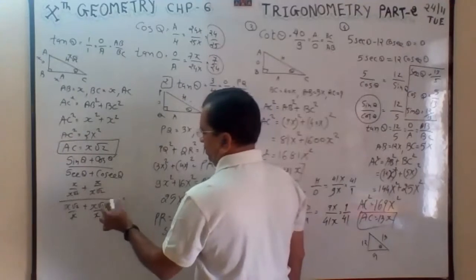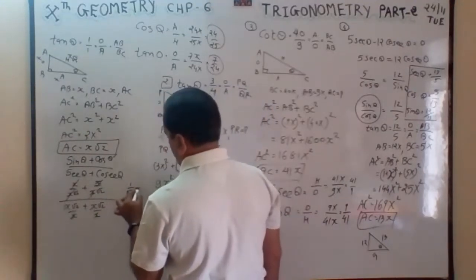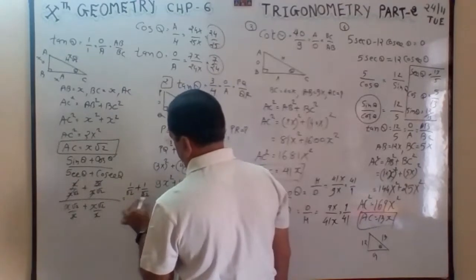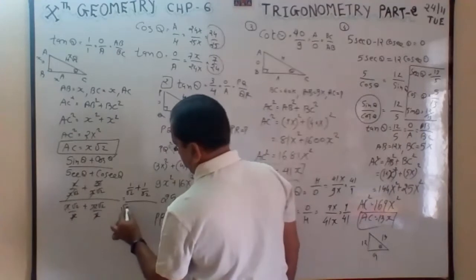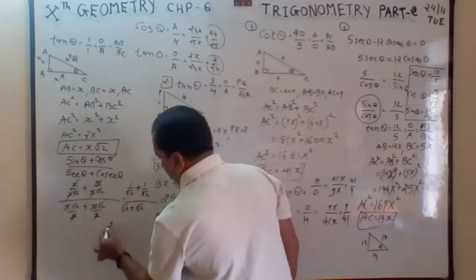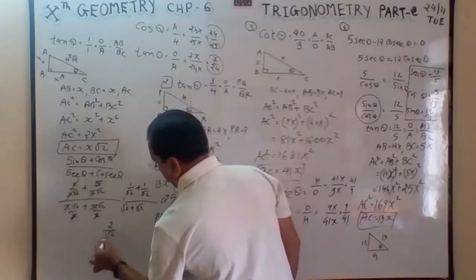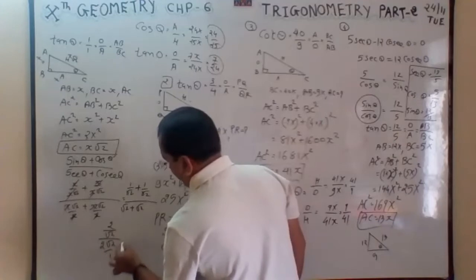When you merge, this will cancel, this will cancel. So 1 by root 2 plus 1 by root 2. When we merge this, it is 2 times 1 by root 2, divided by 2 times root 2 by 1.